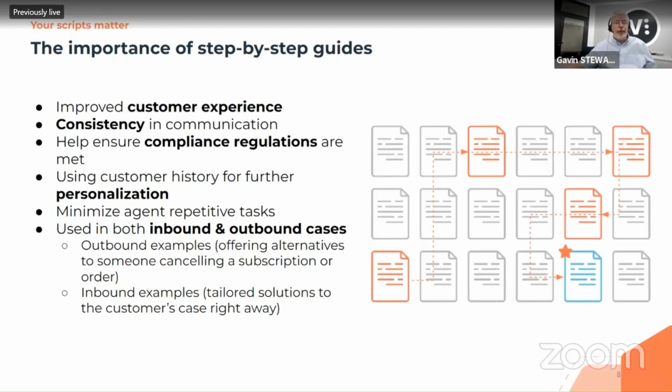So the script can ensure that we address those compliance aspects, make sure that they're dealt with properly. And we can use the information gathered as part of this to personalize that experience for the end user. So we're gathering information as part of the various steps in the script, and we can personalize the end customer experience, make it better for that end customer.